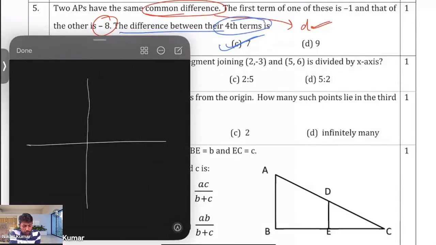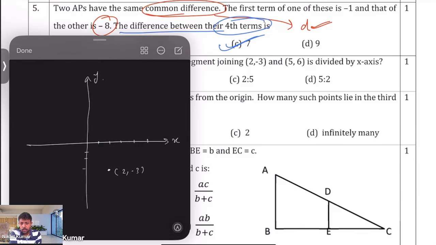This is the x-axis, this is the y-axis. 2 comma minus 3, 1 2 3, one point would be here, this would be 2 comma minus 3, and the other point is 5 comma 6, so 3 4 5. This is a rough diagram.